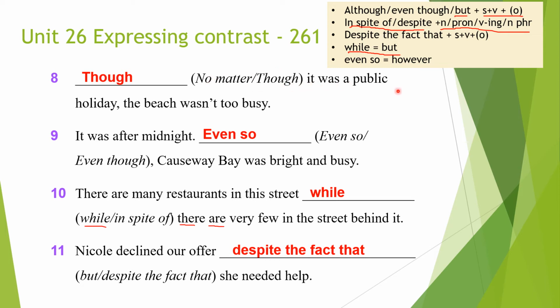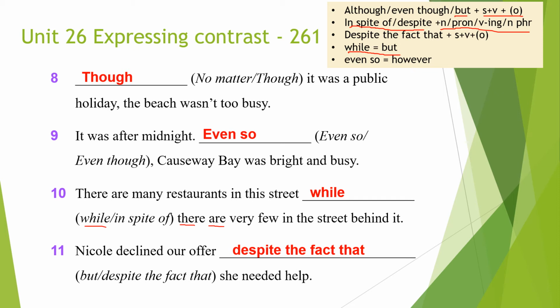"Though it was a public holiday, comma", yeah, sounds okay. So "even though" or "although it was a public holiday, comma, the beach wasn't too busy" sounds right. So definitely "no matter" is out, because it has to be followed by "what", "how", "where", something like that.